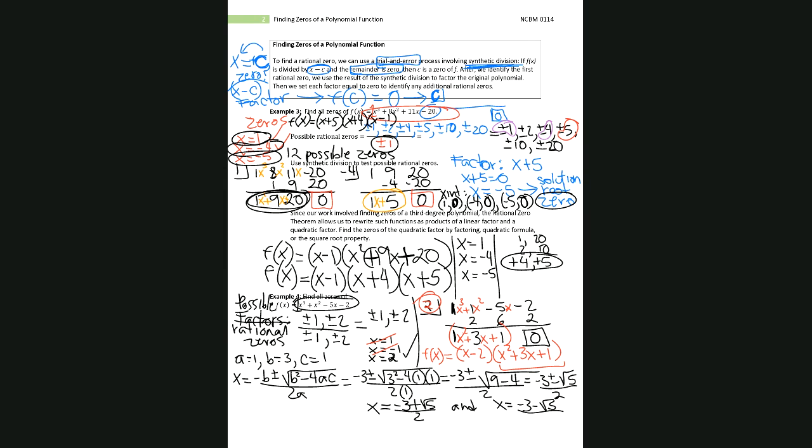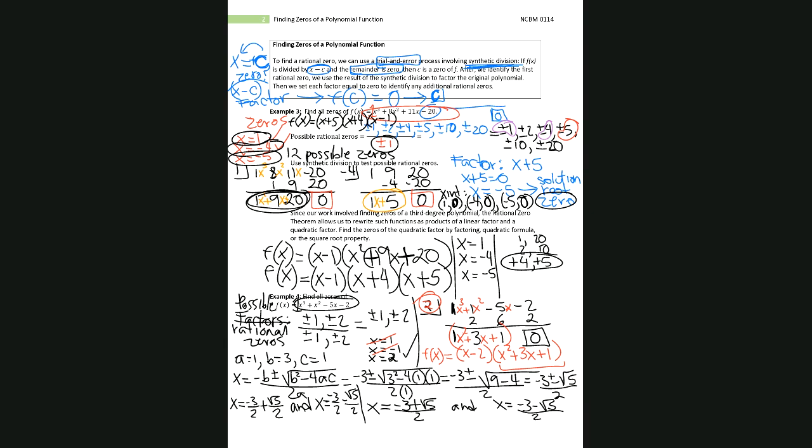Now, those two solutions could also be written this way. If we split the fraction, x is equal to negative 3 halves plus the square root of 5 over 2, and the other one will be x is equal to negative 3 halves minus the square root of 5 over 2.